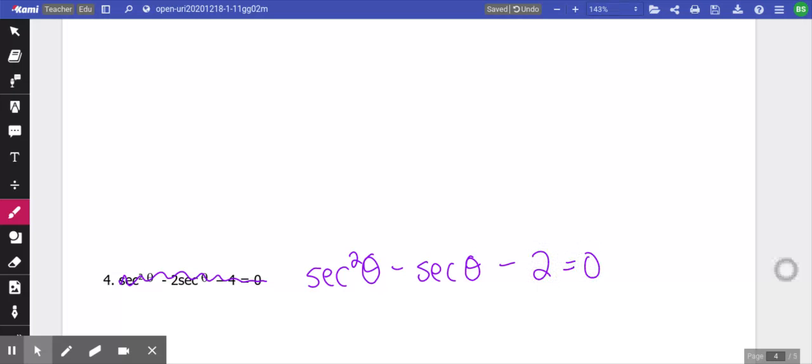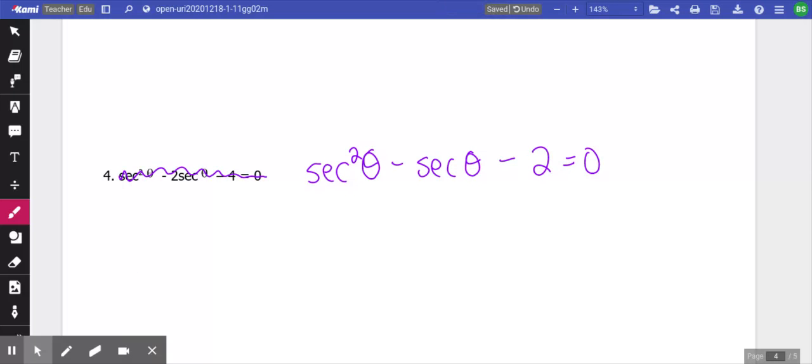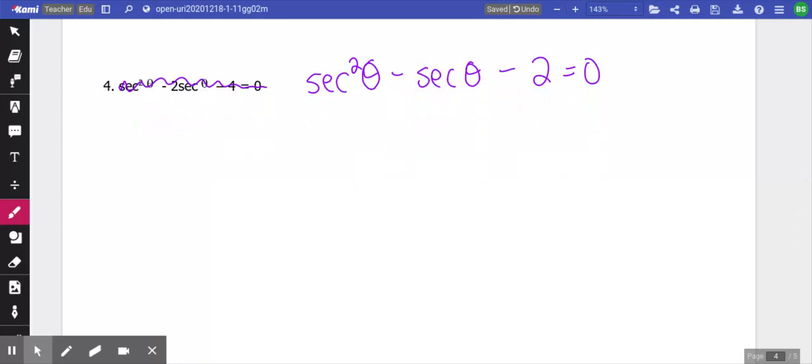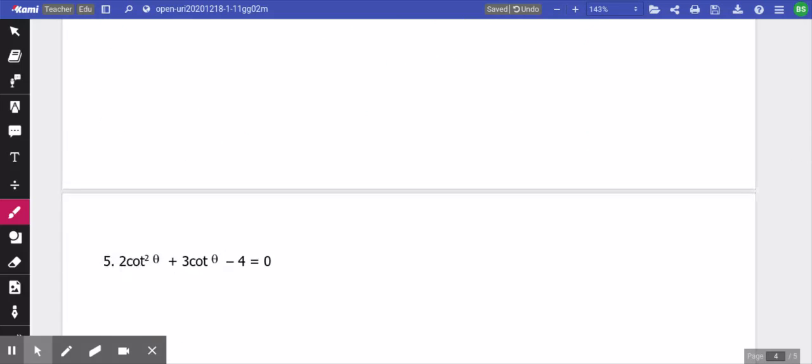All right. Little trick for number 4 here. Since they're already in secant, don't change it. Solve this using secant. And then at the end, make it into cosine. But since it's both in secant here, you don't need to rewrite it in terms of cosine. Just leave it as secant until the end. Number 4.